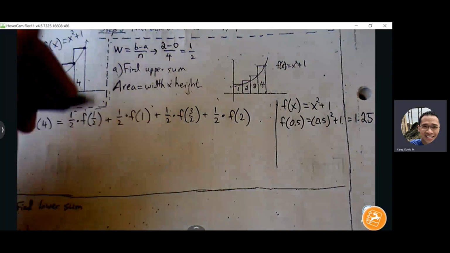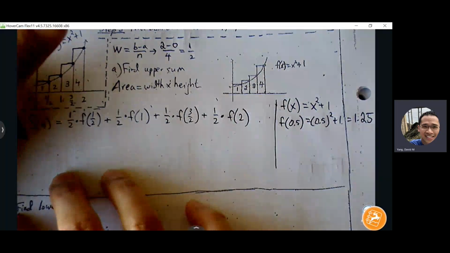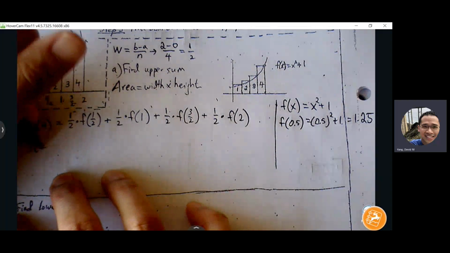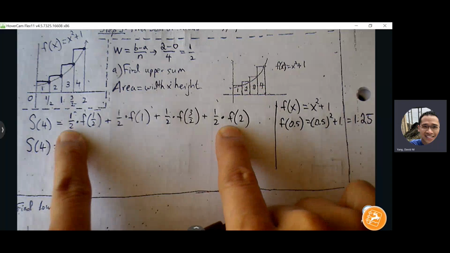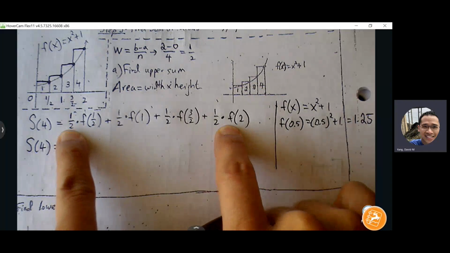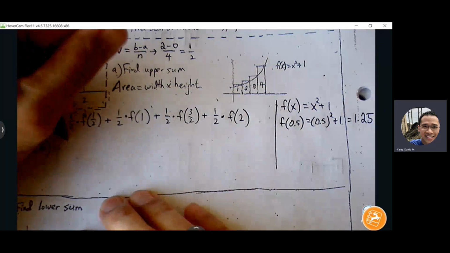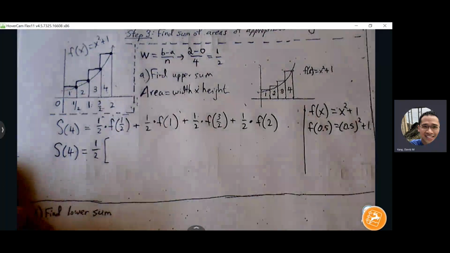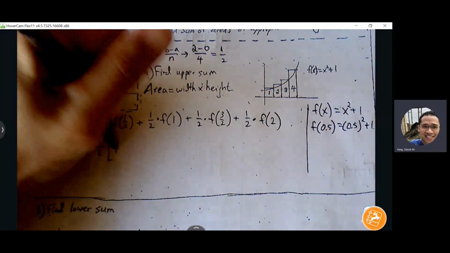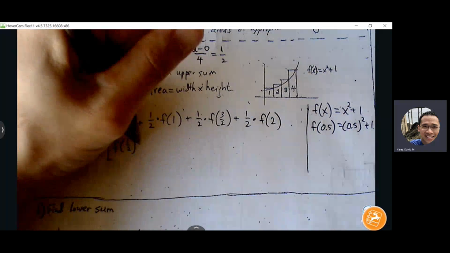Now, I want us to just see a different way of writing this out. What do you notice is common between each of these terms? They all share what? The same width, right? So technically, I could do this. I could just write the 1/2 once and then just add all of my heights, right?